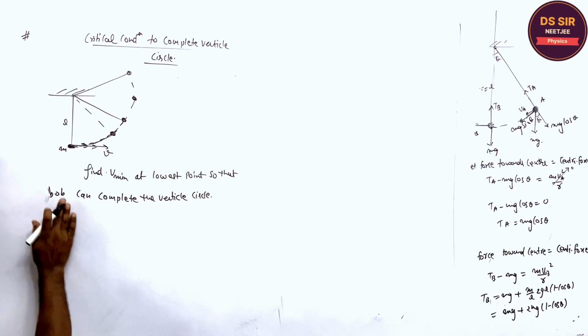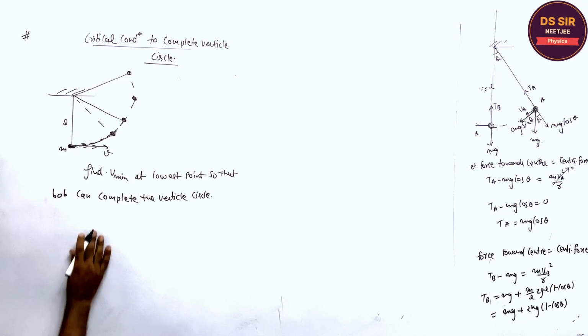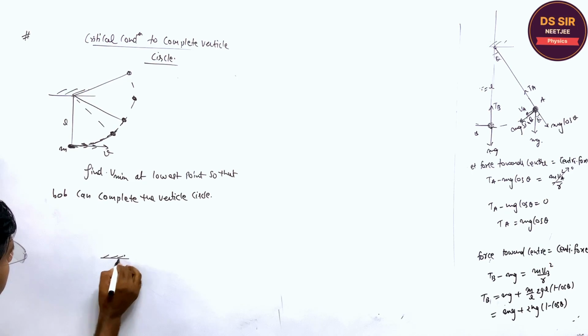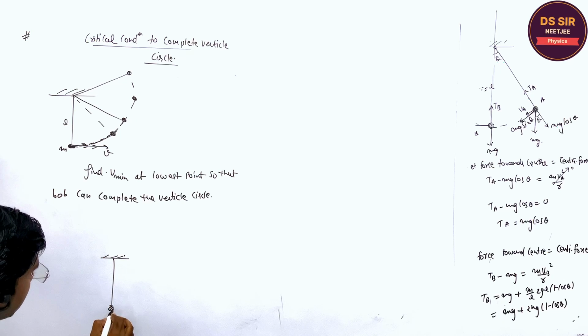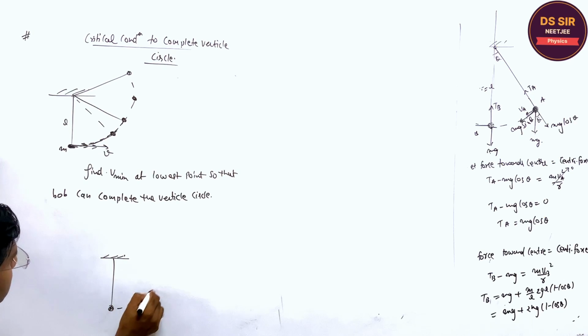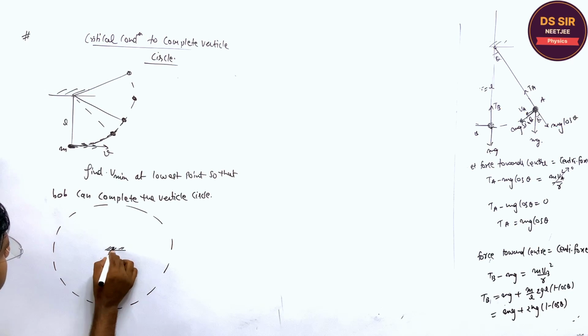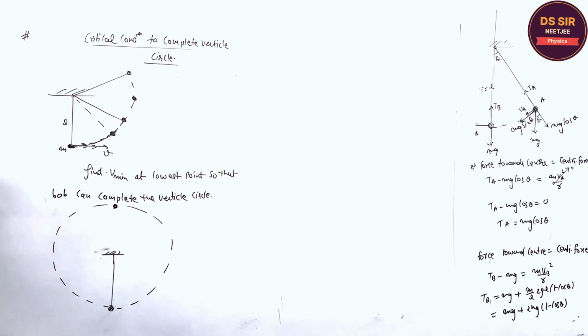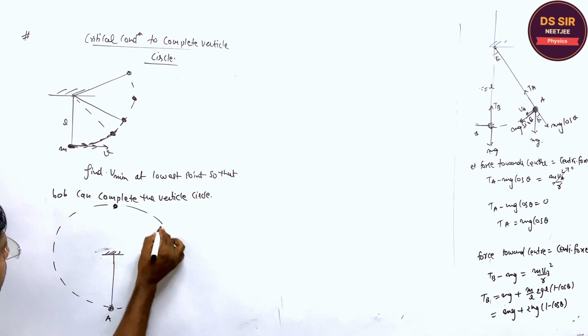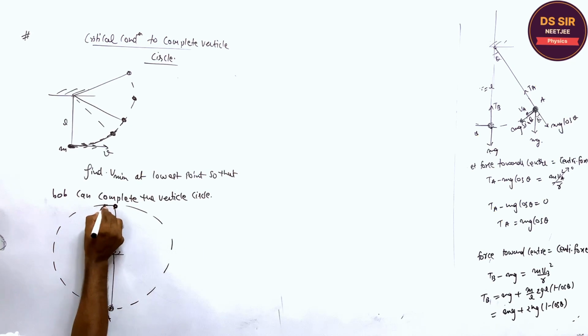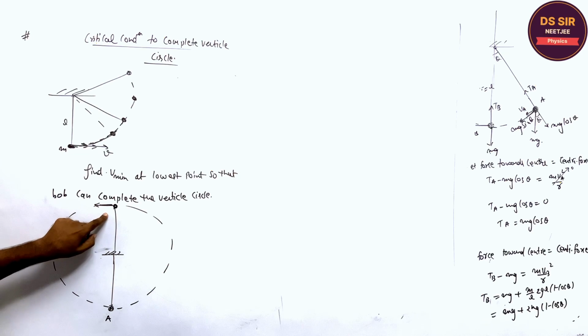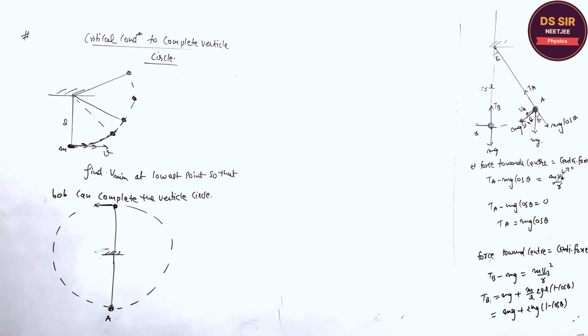So listen one more thing. So what is the condition? You tell me, what is the condition so that it can complete the vertical circle? Can you tell me? When it reaches the highest point over there, right? Suppose this is the point A, it reaches the point B. So when it reaches the point B, what is the condition to complete the circle?